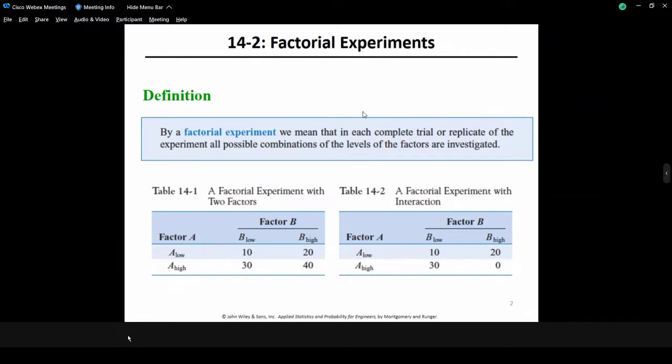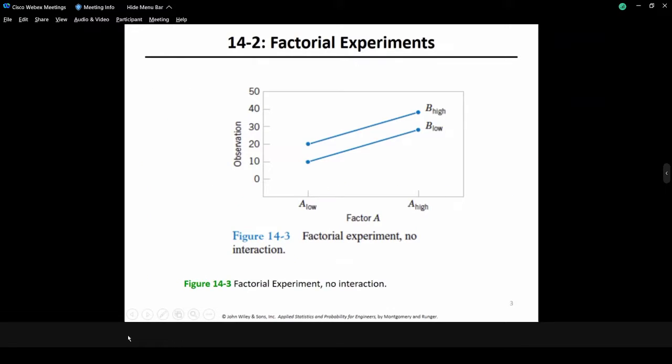When you talk about two factors, this is the no interaction case. This is an example of factor A and factor B. There's no interaction when the lines are almost parallel.